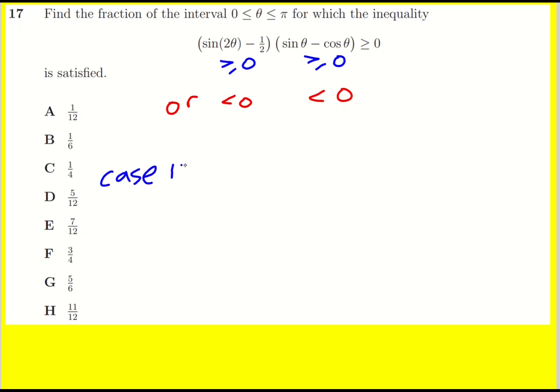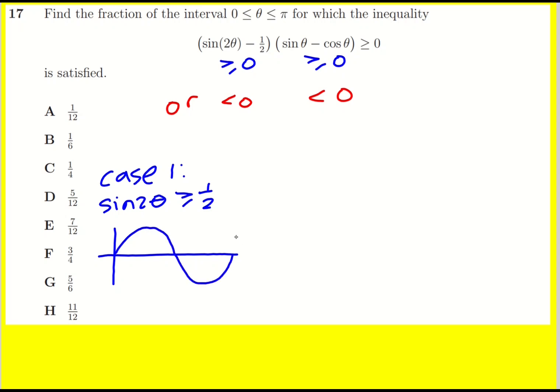Let's take a look at case 1 then. For sine 2 theta minus a half to be greater or equal to 0, I need sine 2 theta to be greater or equal to a half. Let's sketch out that curve. The sine curve between 0 and pi, sine 2 theta, is going to look like this. If I want it to be greater than a half, I am looking at this little region here.